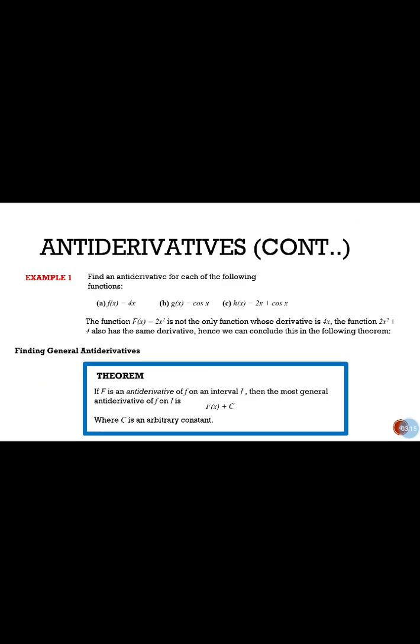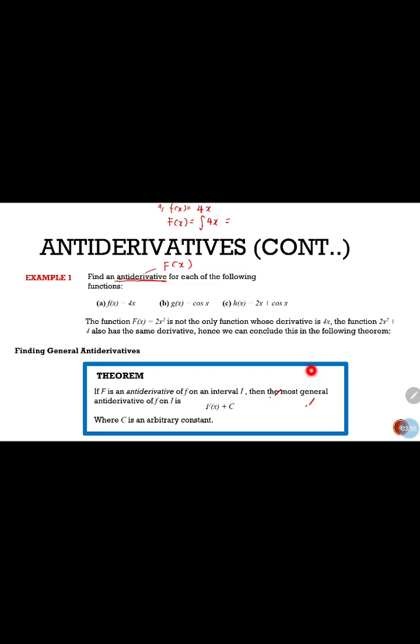Now example 1 wants us to find the antiderivative for each of the following functions. We'll start with example 1a. f(x) equals 4x. To find capital F(x), the antiderivative, we have to integrate f(x) here, which is 4x.